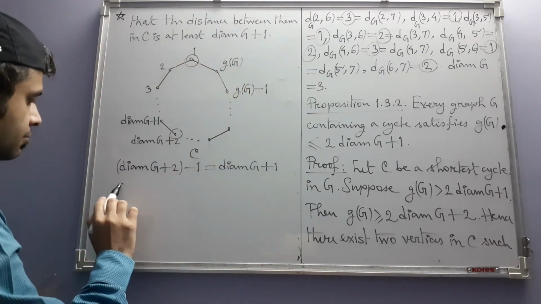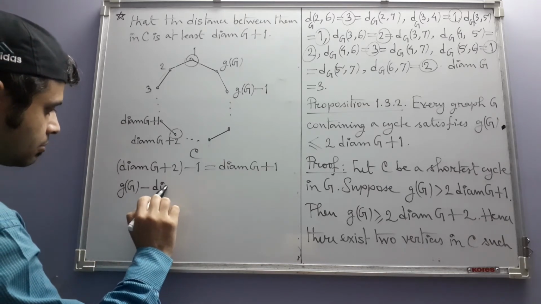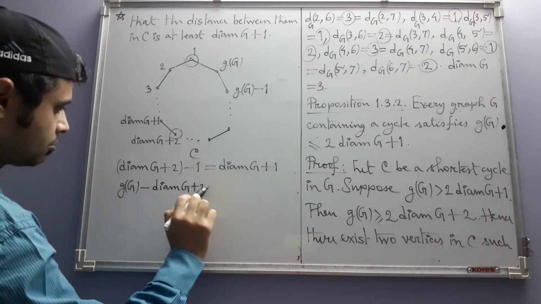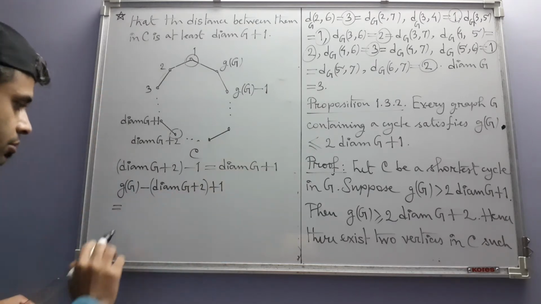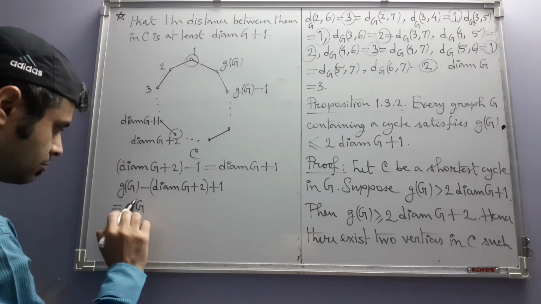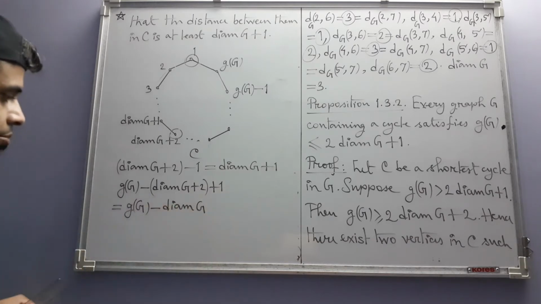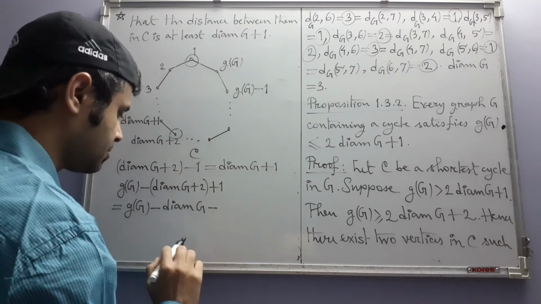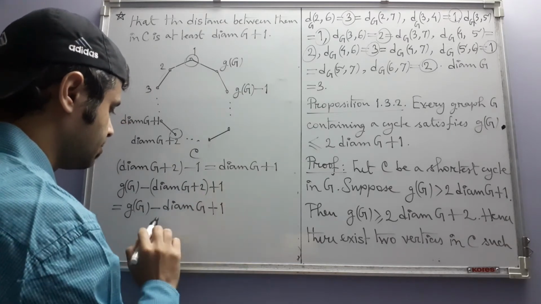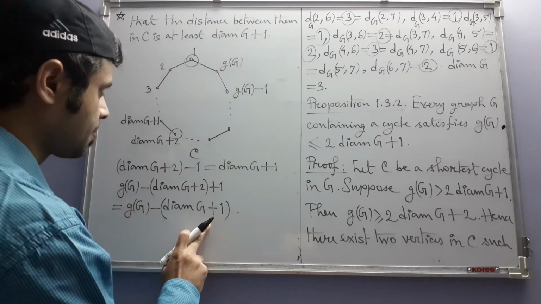So that will be g of G minus diameter of G plus 2, plus 1, and this will be equal to g of G minus diameter of G minus 2 plus 1, which is minus 1, or in other words we will have this. So the other path has length this.